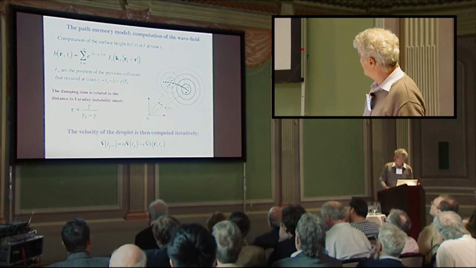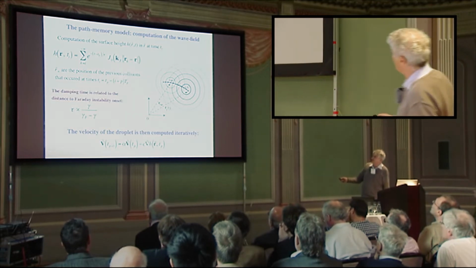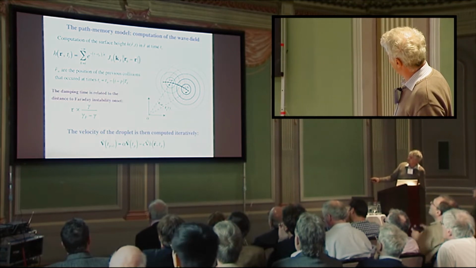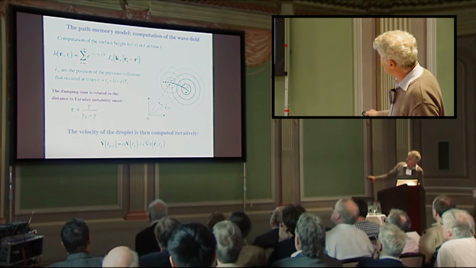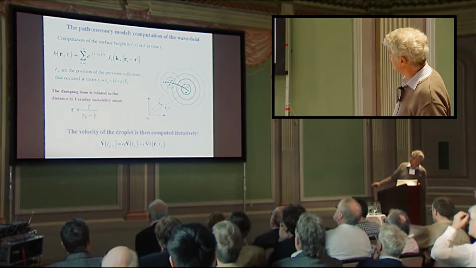From this, you can build a model of the wave field, saying that at each bounce of the drop, you generate an order zero Bessel function, and that they are damped on a typical time tau, this time tau depending on the distance to Faraday's threshold.